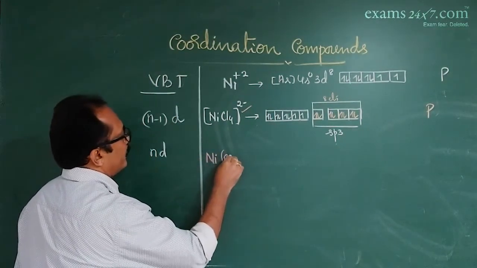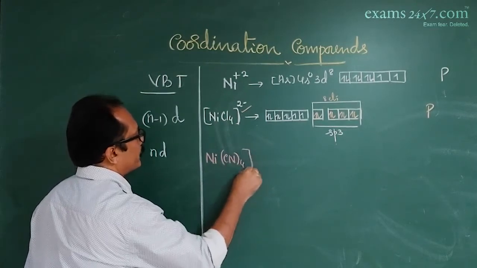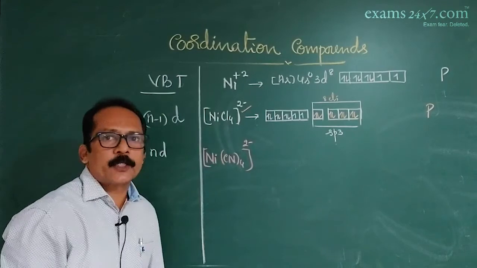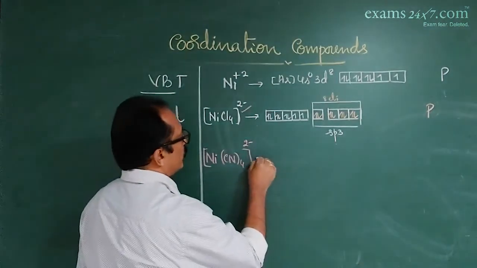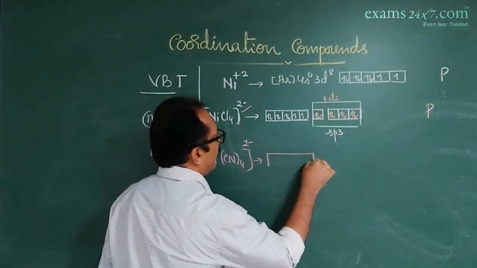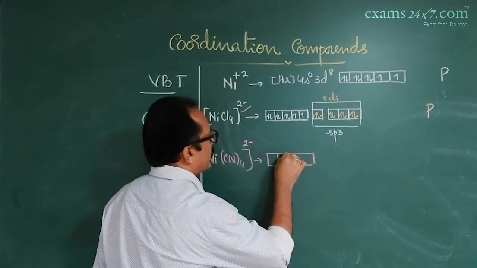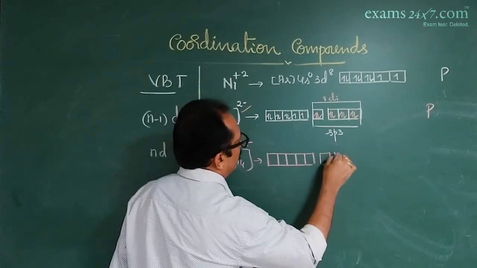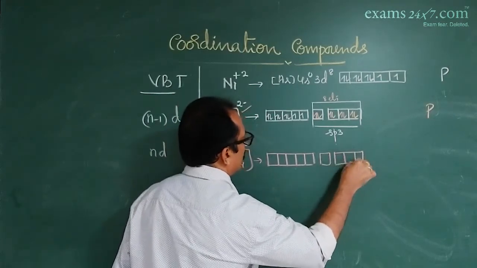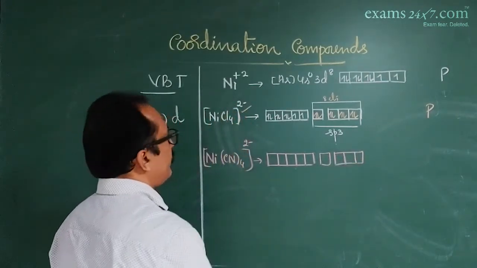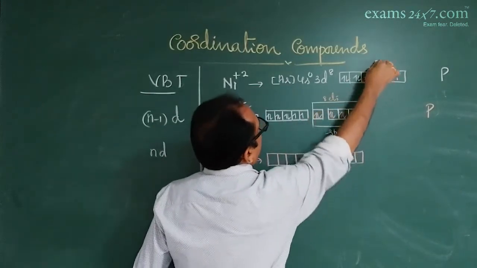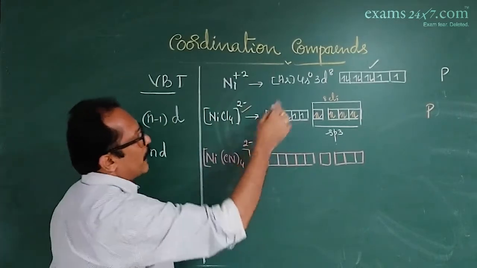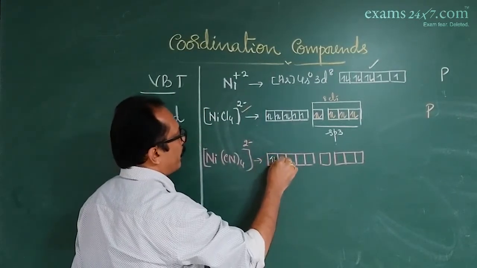Now, we'll take another complex with a strong ligand, [Ni(CN)4]2-. Here cyanide is a strong ligand, so spin pairing takes place. Look here, this is nickel 2+. In the presence of a strong ligand, those unpaired electrons are forced to pair up.